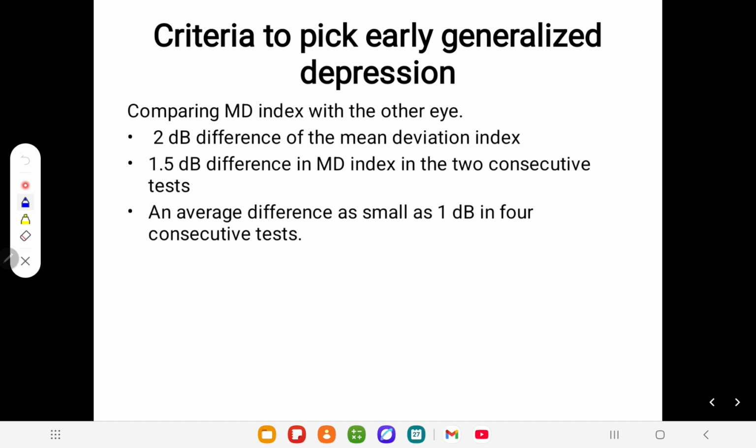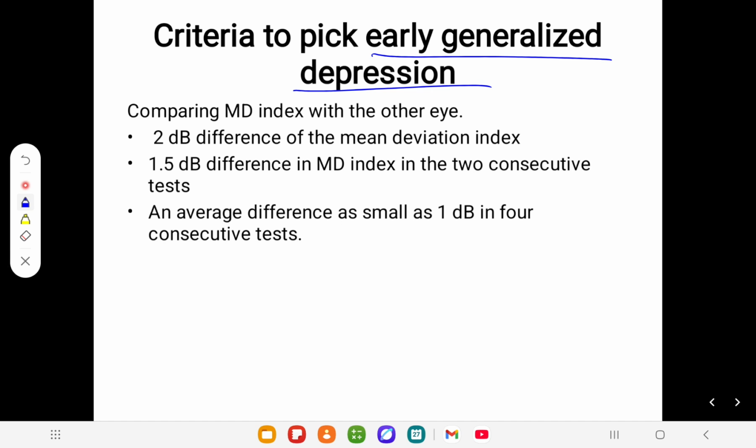Okay, another criterion that you pick and keep behind your head is the criteria for early generalized depression, to pick up early glaucoma.